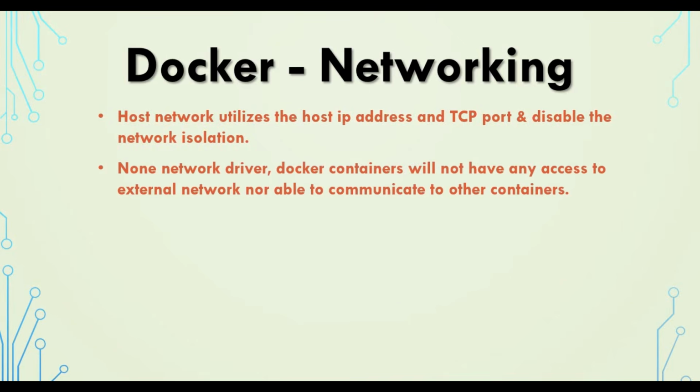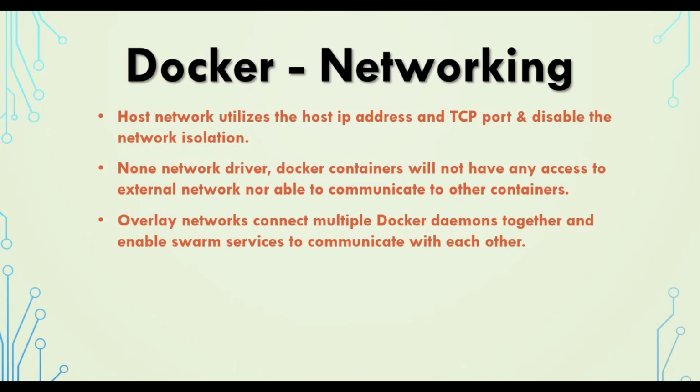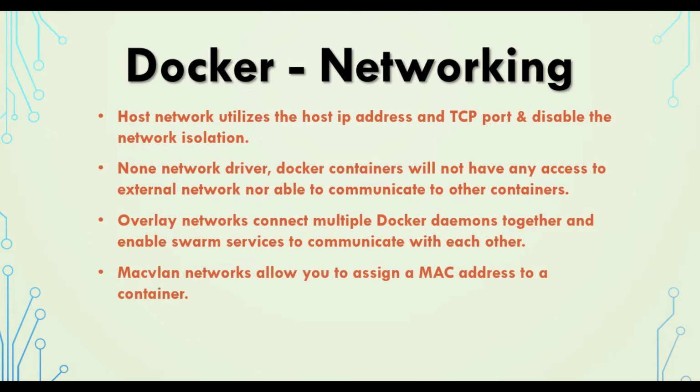And we have the none network driver. These containers will not have any access to an external network, nor be able to communicate with other containers. With the overlay network, we can communicate with multiple Docker daemons together, and it's mainly used in Docker Swarm services to communicate with each other. And a MACVLAN network allows you to assign a MAC address to a container.